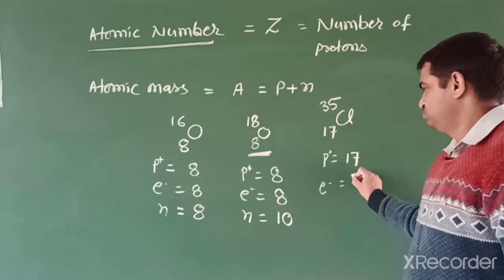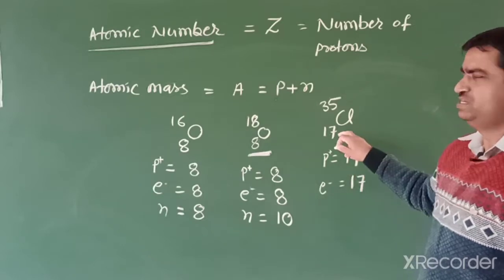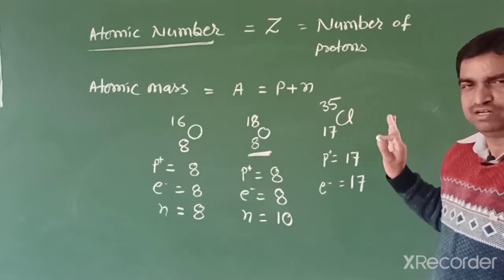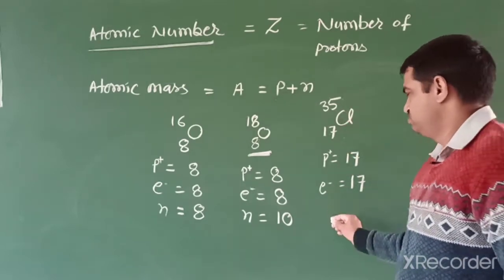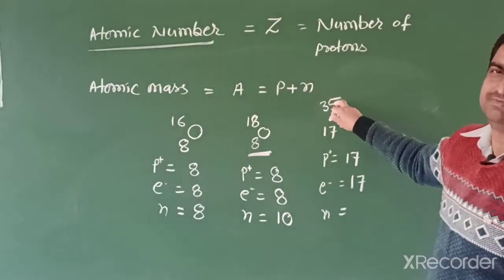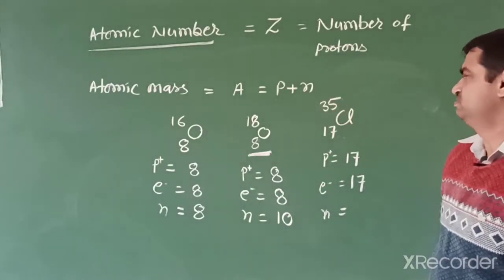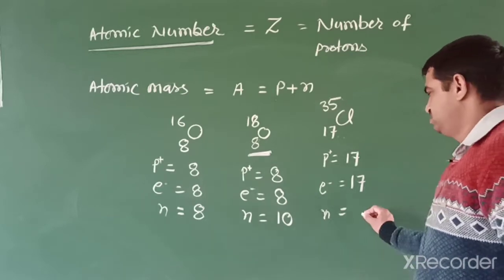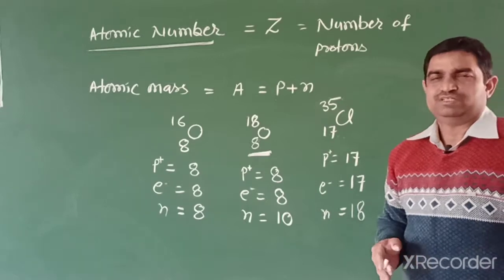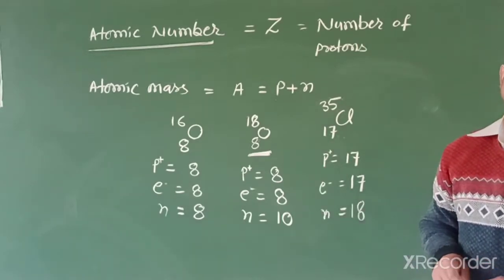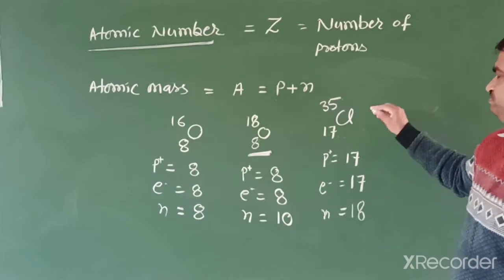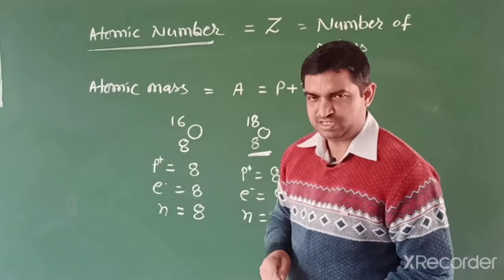Electrons are also 17. Why? Because protons and electrons are equal. And neutrons are 35 minus 17, so you get 18. In this way you can find other elements. These are given in your NCERT book or in any question.